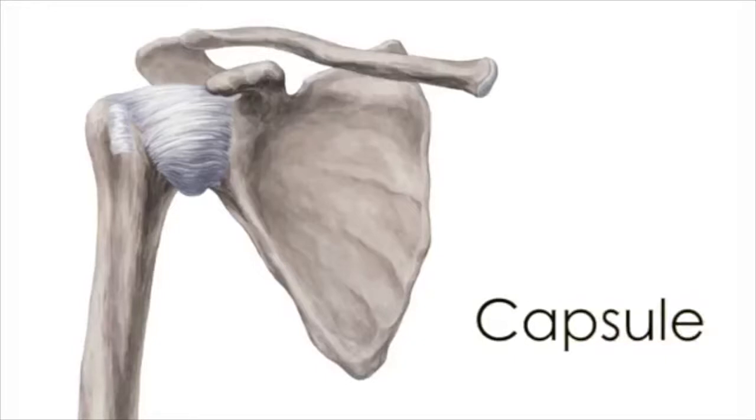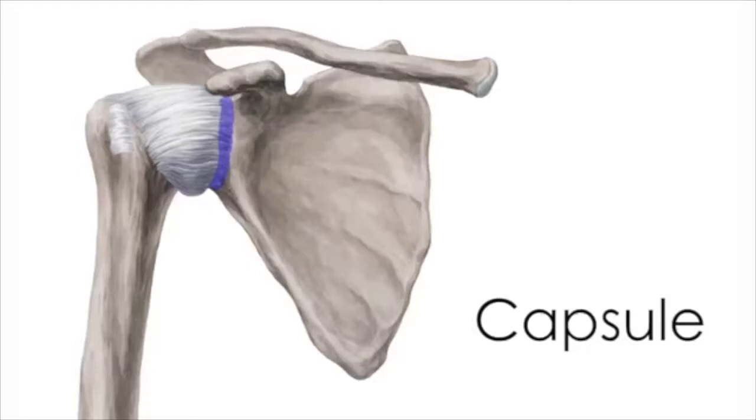The capsule of the shoulder joint is surrounding the entire joint. And medially, as I'm highlighting here in blue, it is attached to the glenoid cavity, right outside that fibrocartilaginous extension that I talked about on the previous slide, known as the glenoid labrum.